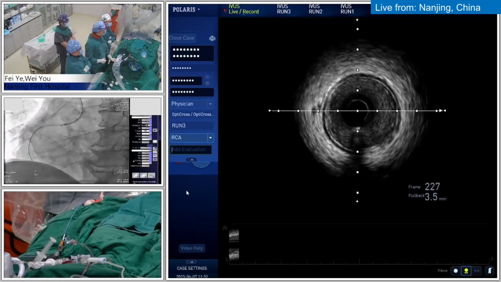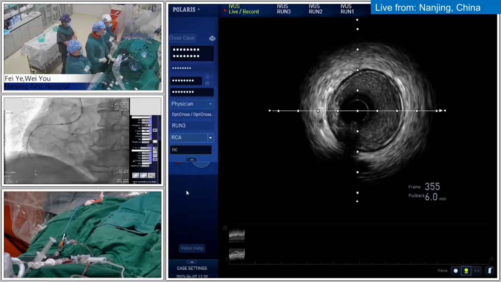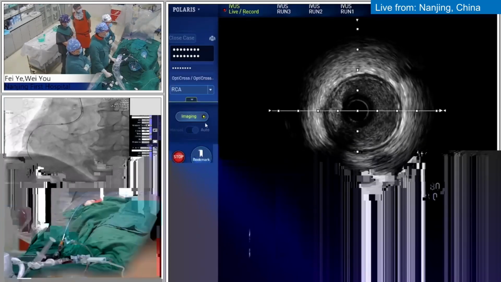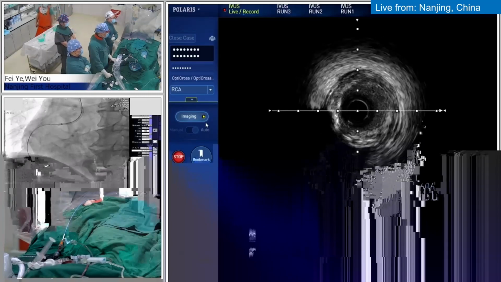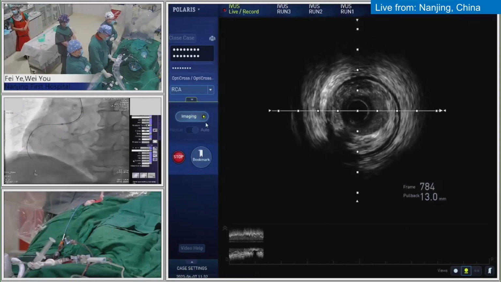This one we check out from distal RCA to proximal RCA. Distal vessel is normal. Vessel diameter is also 3.5. Yeah, okay. Here is calcified plaque.